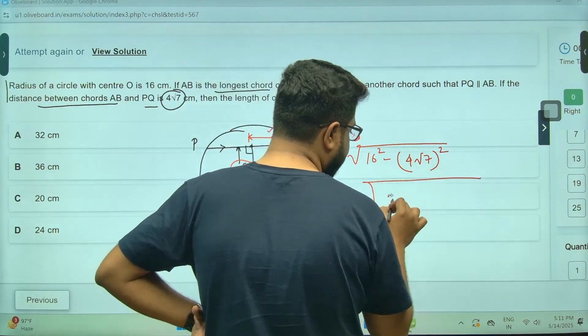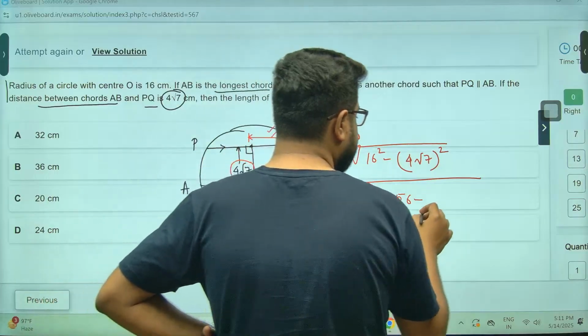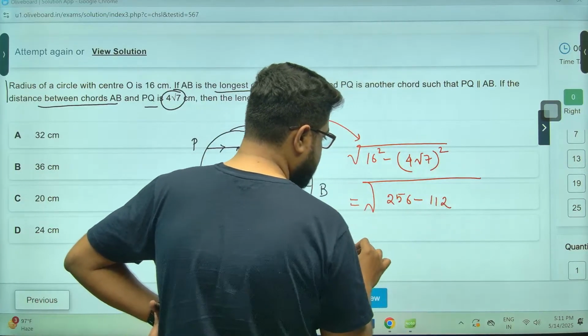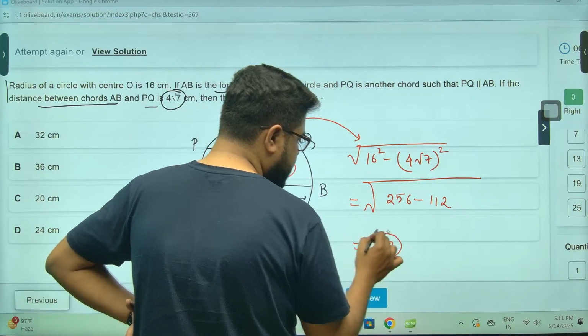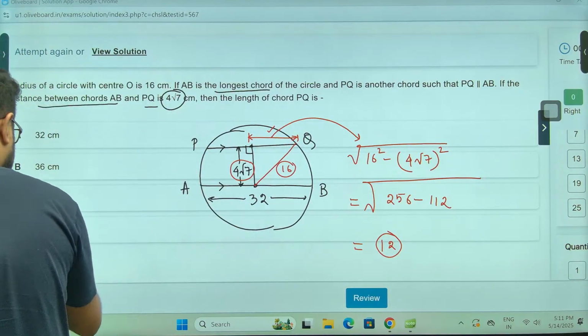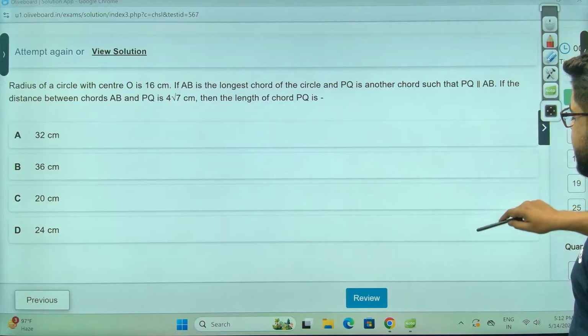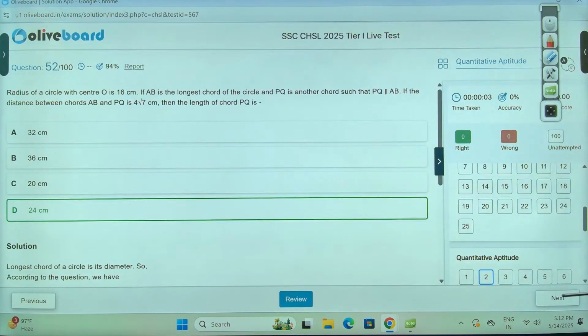Calculate: 256 minus 16 times 7, that is 112, gives 144. Root of that is 12. So the total will be 24. Option D is most definitely your correct answer.